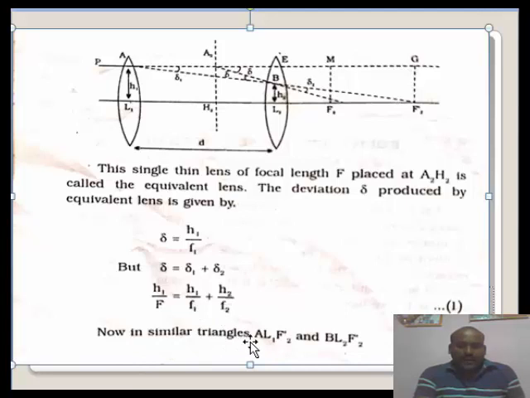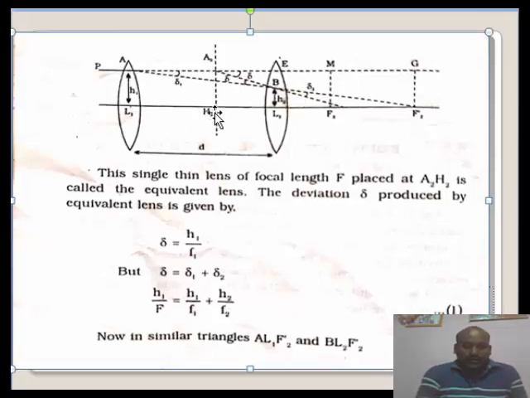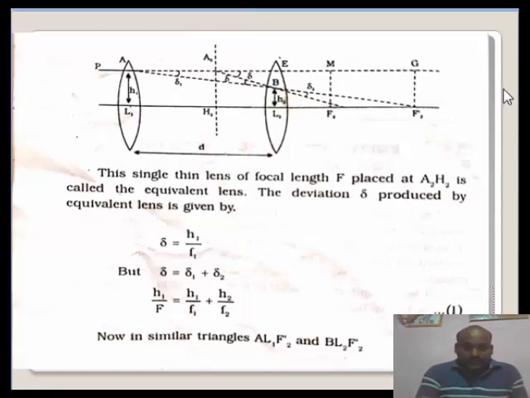Now, the similar triangles AL1F2' and BL2F2'. Look here. These two triangles are similar triangles. In similar triangles, by trigonometry, the sides are proportional.